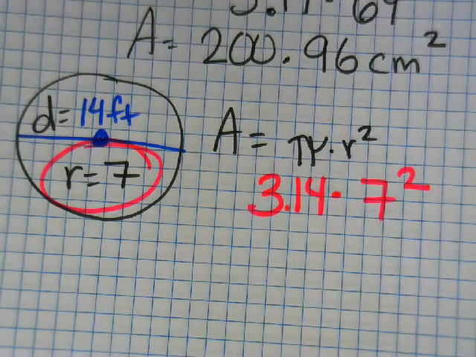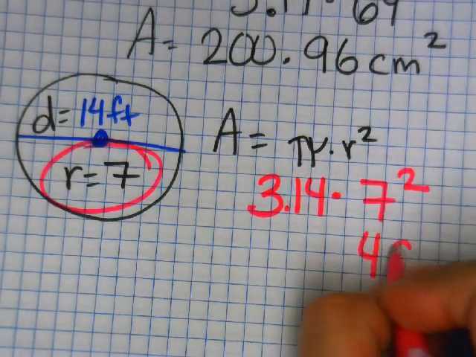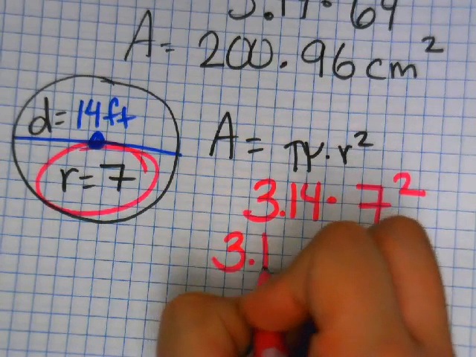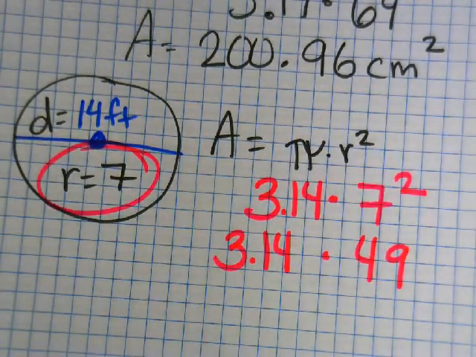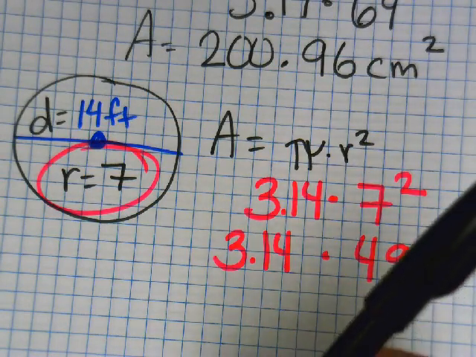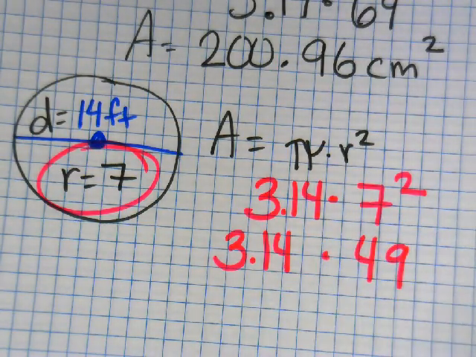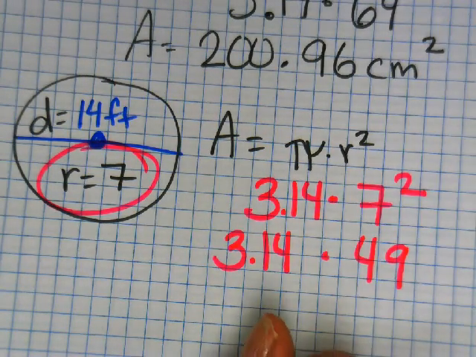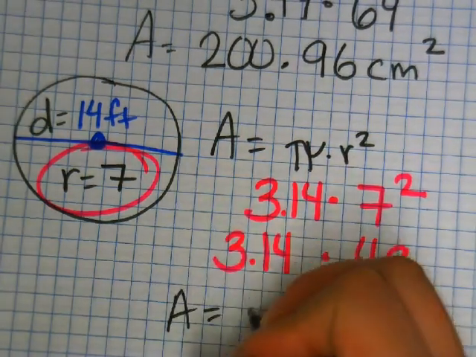And 7 times 7 is? 49 times 3.14. Do we actually have to do the pi? Yeah. It's a magical number. All right, 3.14 times pi is?